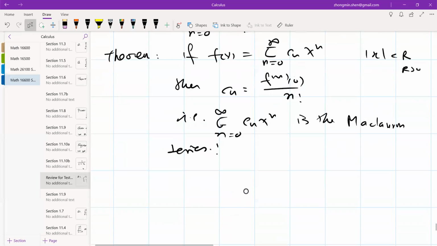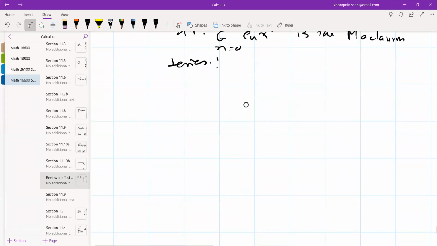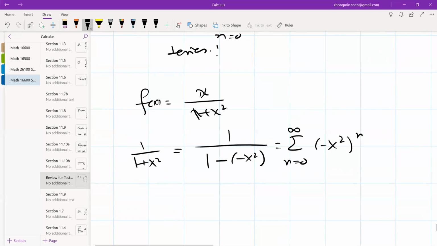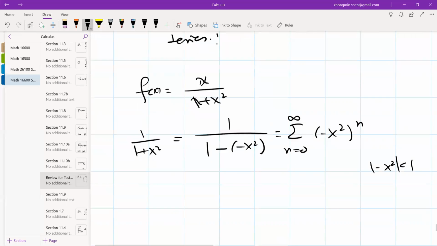So how do I do that? Well, several steps. f of x is x times 1 over 1 plus x squared, right? Step 1, I'm going to find 1 over 1 plus x squared. It is going to be 1 over 1 minus negative x squared. So using the geometric series, I get the sum of negative x squared to the power n, as long as the absolute value is less than 1. But this is equivalent to x less than 1.